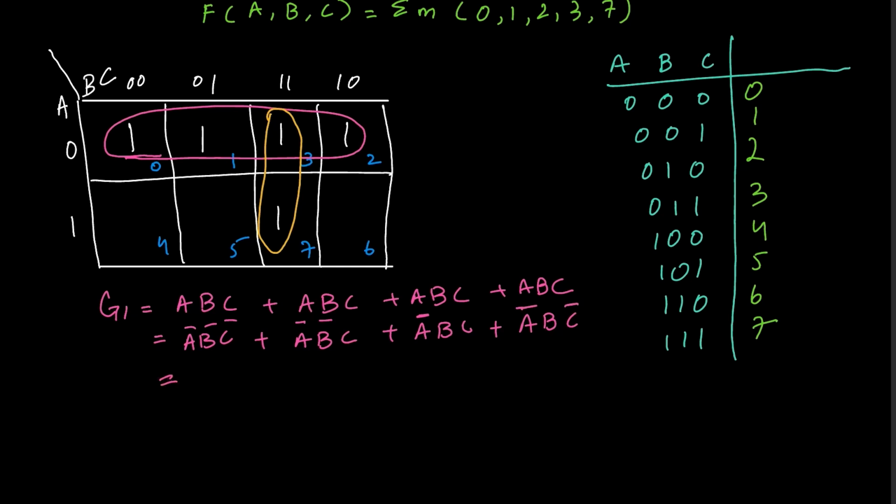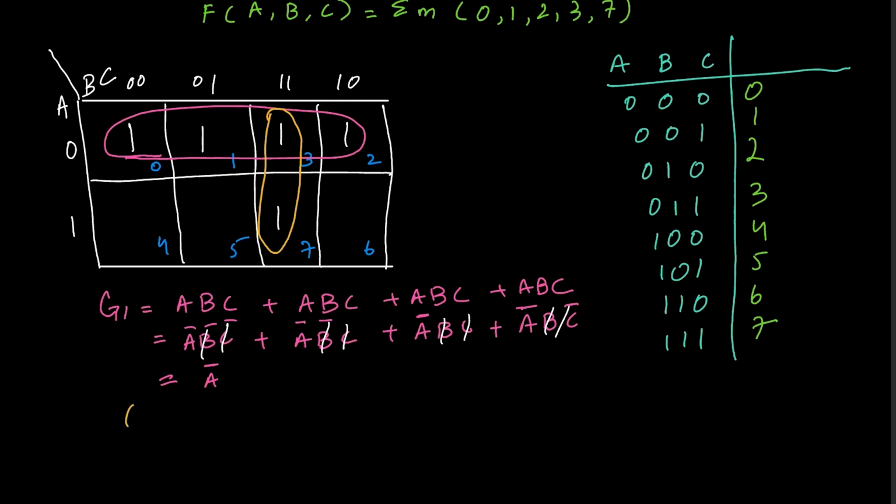Now the next step in solving this group is to keep the constant value, and the only constant value in here is A. A remains constant with bar. B and C keep changing. B has a bar in two of the values, and C has the bar on two of the values as well. So we will cancel out B and C and write A bar only. Group 1 has A bar only.